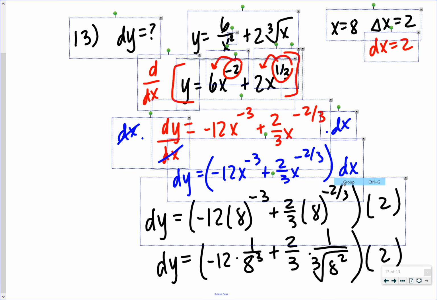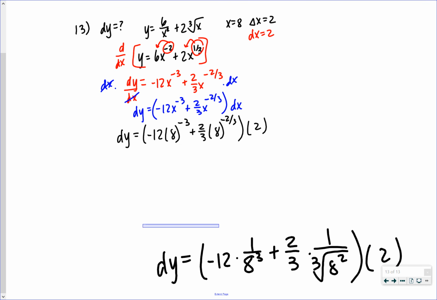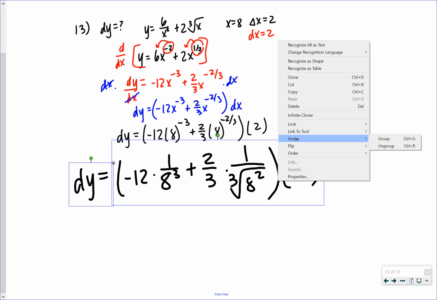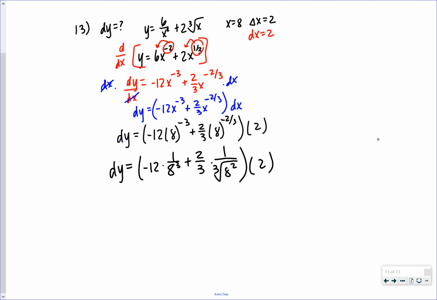And now I can simplify. 8 cubed, I don't know that off the top of my head. Hang tight. 8 cubed is 512.